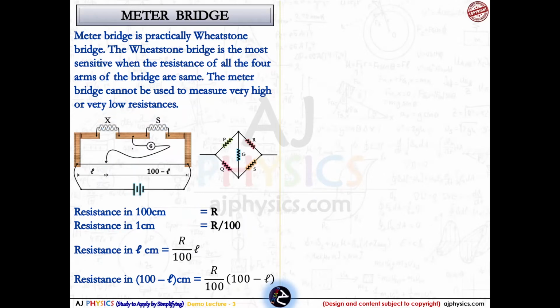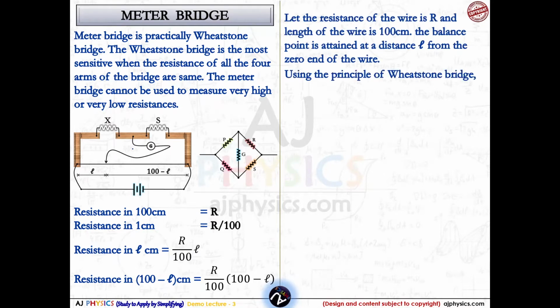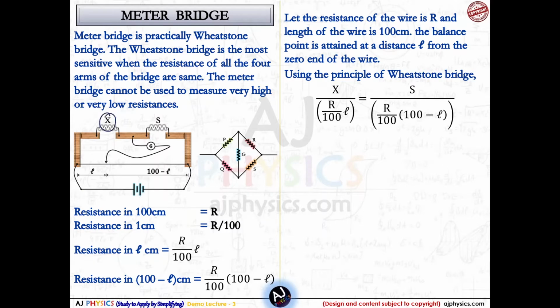Now the basic thing is, the resistances have to be in ratio. So I have used the same principle of the Wheatstone bridge and kept the ratio constant: X divided by the portion 1 resistance and S divided by the portion 2 resistance. Alright.